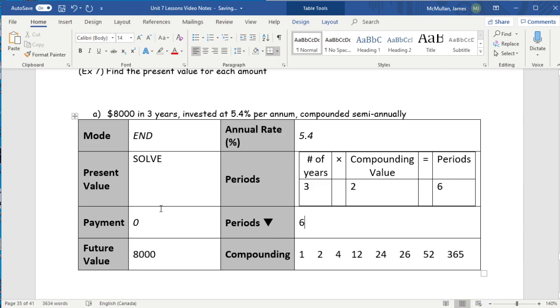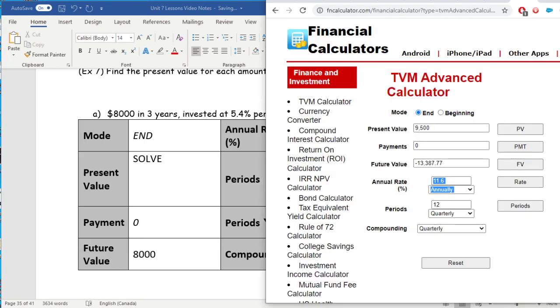Okay, so what I'm trying to do here is figure out how much money I would need so that I could have $8,000 in the future. So I'm going to replace present value with blank. Payments is still blank because we're not using that yet. Future value is $8,000. Annual rate is 5.4. Again, it's annually always for that one.